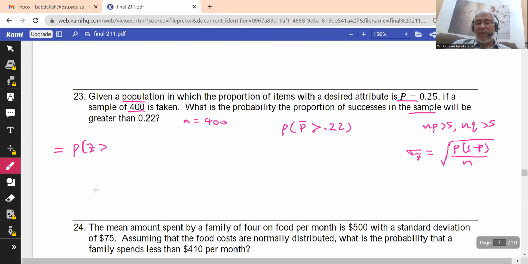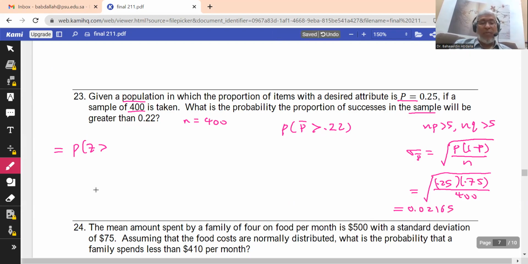P is 0.25, 1 minus P is 0.75, n is 400. So sigma would be equal to, by the calculator, 0.02165.